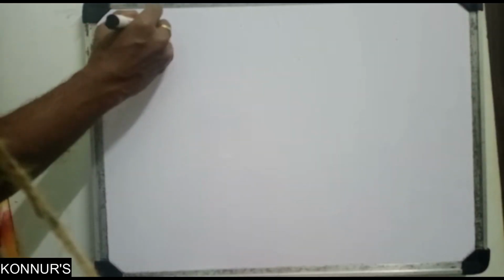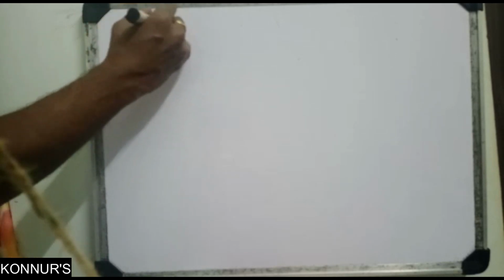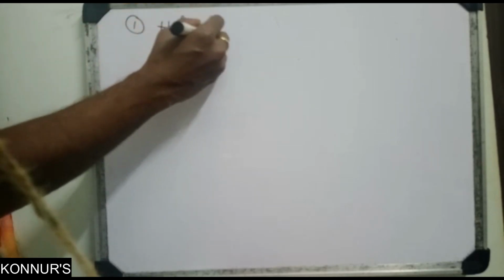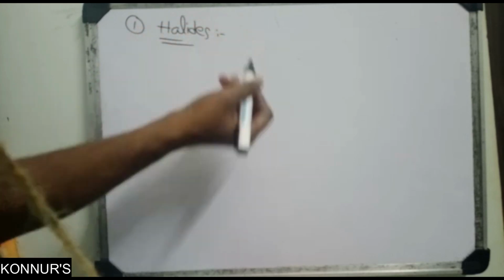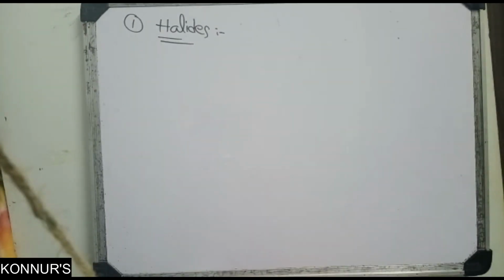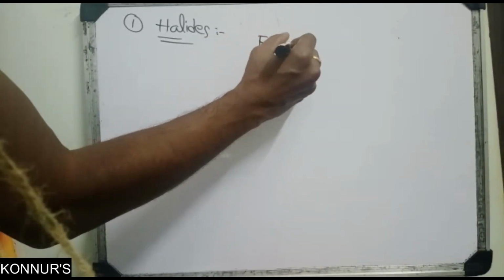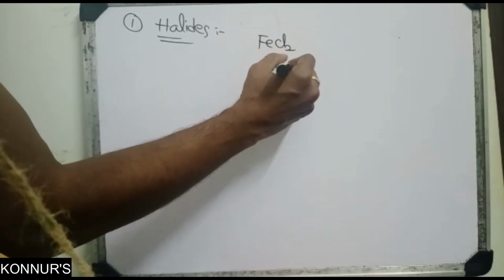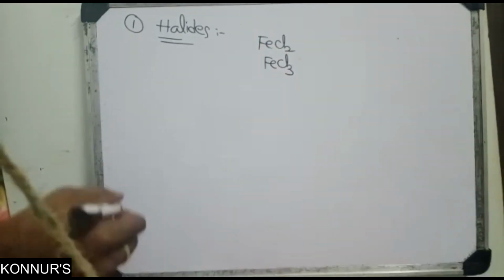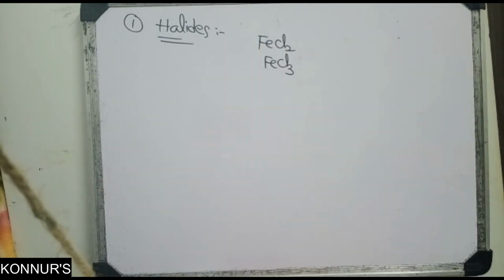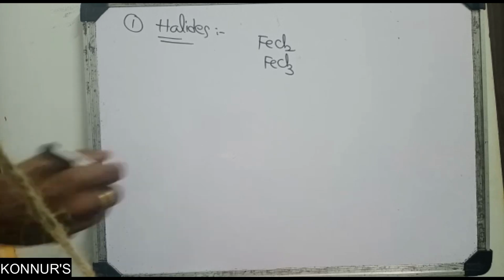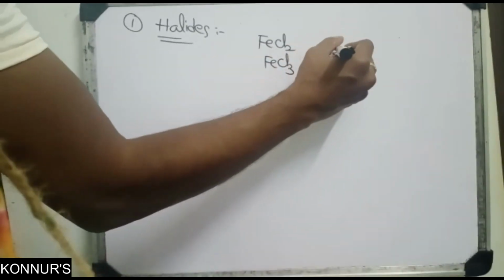Next, the general compounds of d-block elements. Suppose you take halides. Take iron: FeCl2, FeCl3, that is +2 and +3. If you know the oxidation state, you can easily write the compound accordingly.